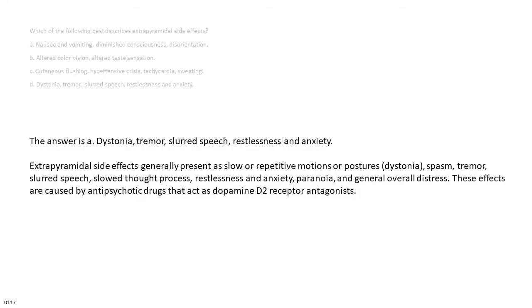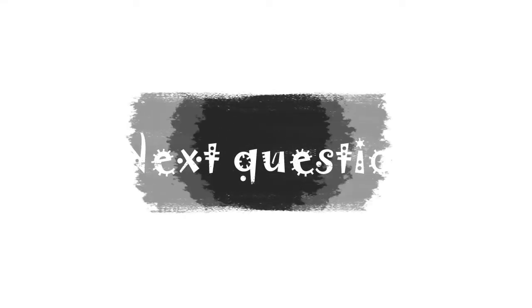The answer is D. Dystonia, tremor, slurred speech, restlessness and anxiety. Extrapyramidal side effects generally present as slow or repetitive motions or postures, dystonia, spasm, tremor, slurred speech, slowed thought process, restlessness and anxiety, paranoia, and general overall distress. These effects are caused by antipsychotic drugs that act as dopamine D2 receptor antagonists.